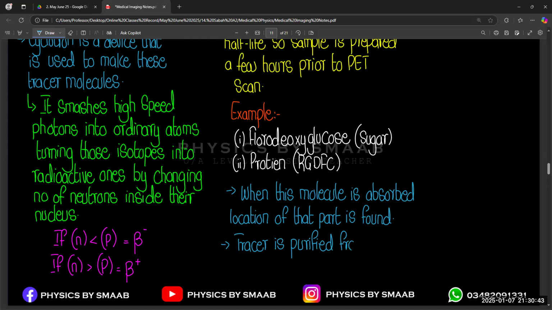Should we know how it's purified? Basically, the tracer is purified from less useful molecules.